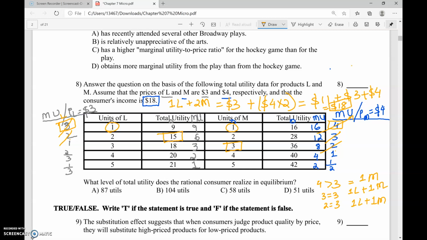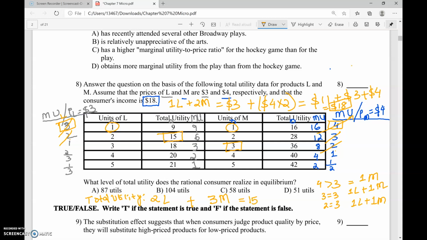The question is asking us what is the total utility of the consumer. So I got to look at what the consumer is doing in equilibrium. So we have 2 units of L. With that, I'm going to look at the total utility from consuming 2 units of L and add 3 units of the other good, which is M. So the total utility of 2 units of L is 15.